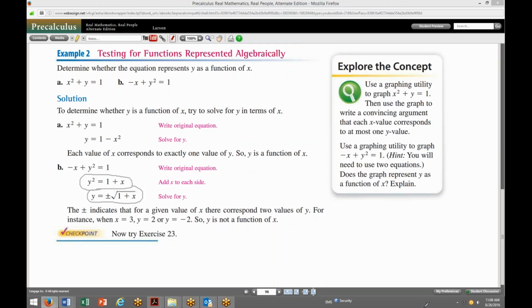For instance, if x was 8, 1 plus 8 would be 9, the square root of 9 is 3. So if x is 8, y could perfectly well be either positive 3 or negative 3. Therefore, this equation does not represent y as a function of x. Negative x plus y squared equals 1 does not, because there are two different values of y for most all values of x.